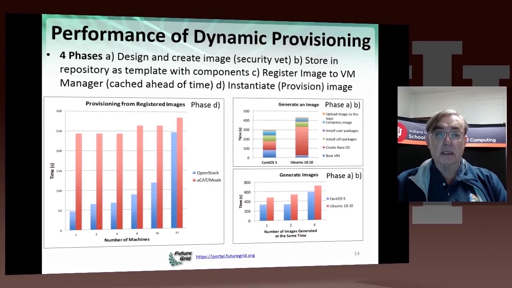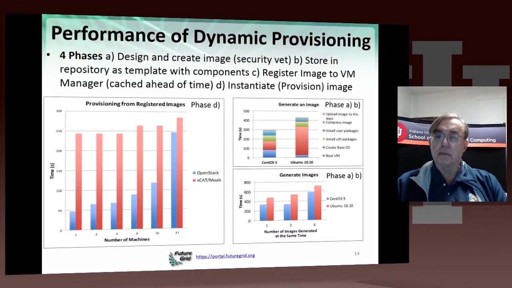This slide describes some aspects of the RAIN system and the type of thing it's doing. It's doing dynamic provisioning. Dynamic provisioning can be divided into 4 different phases. You first make your favorite image, which is specified logically by an XML file, so it's so-called templated.